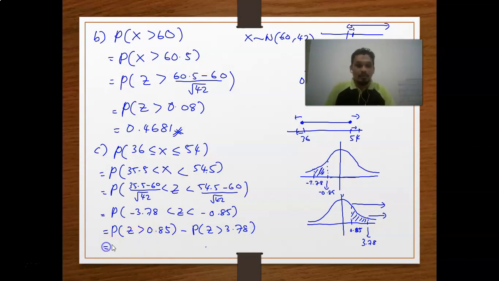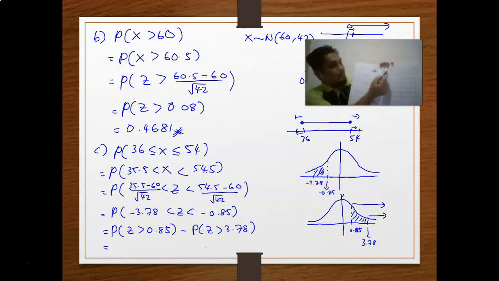For 0.85, please refer to page 21, the table of standard normal distribution. Find 0.8 here, and then match with 0.05, so it is 0.1977.